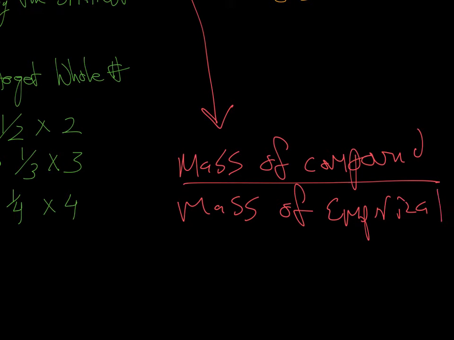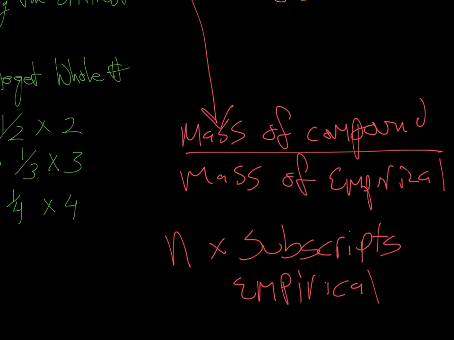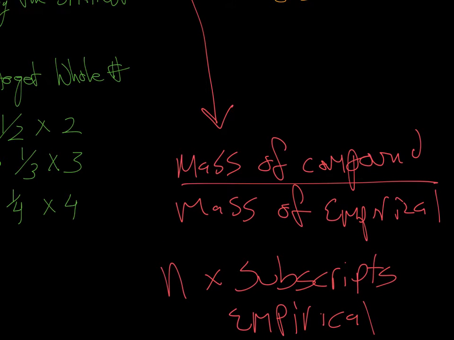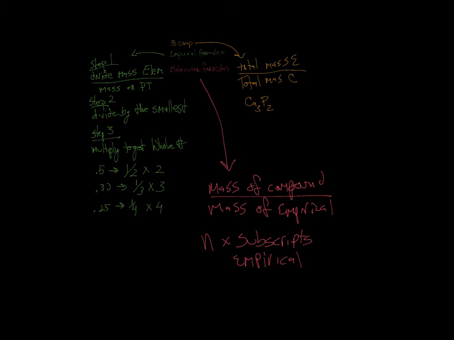And that's going to give you an answer. We call that answer N. So then you're going to take N and multiply that by the subscripts of the empirical formula. And that's going to give you the molecular formula. So that is a very, very quick, very, very fast review of the things that we have gone over this week. And now we are about to start going over the worksheet.